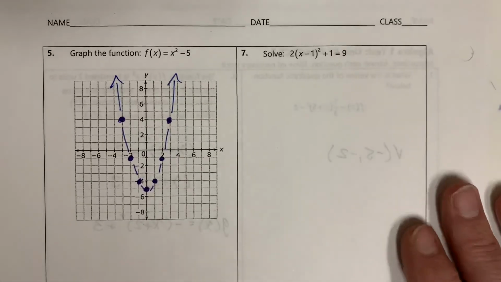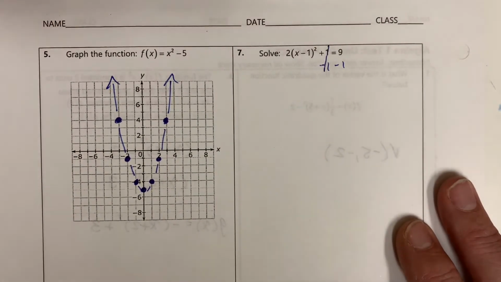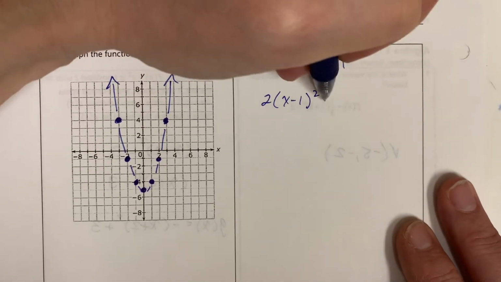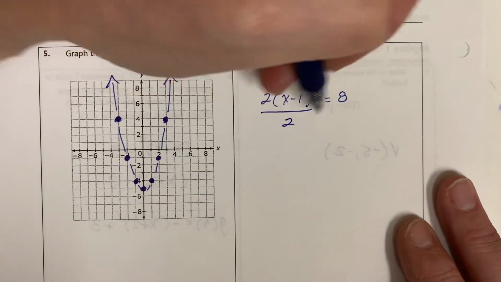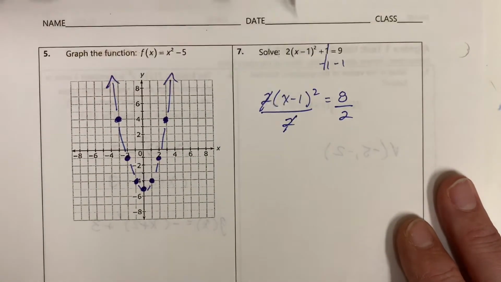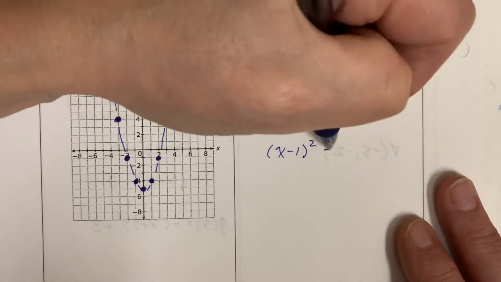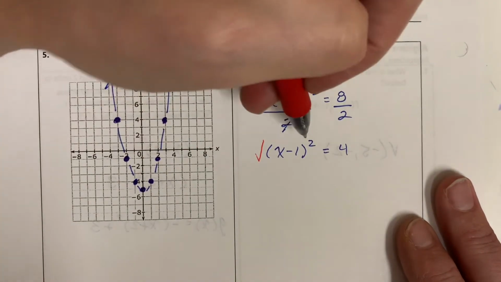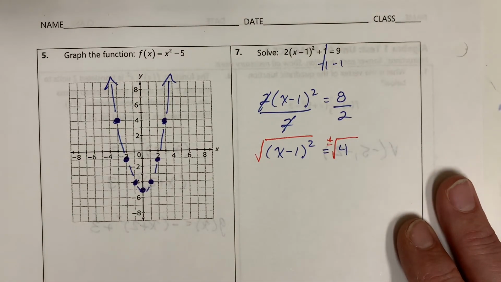Number 7, first thing I'd do for this one is I would subtract 1 on both sides. So I have 2 times x minus 1 squared is equal to 8. I'm now going to divide both sides by 2 to get rid of that 2 in front. Never distribute. So now x minus 1 squared is equal to 4. I am now going to take the square root of both sides, plus or minus, don't forget it.